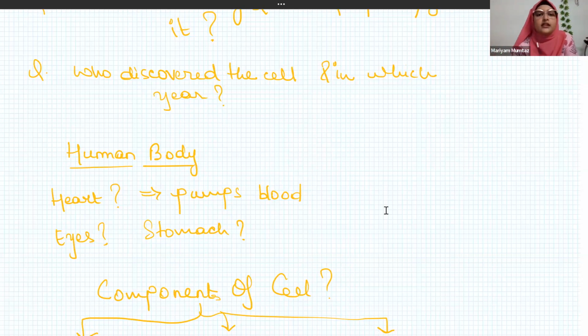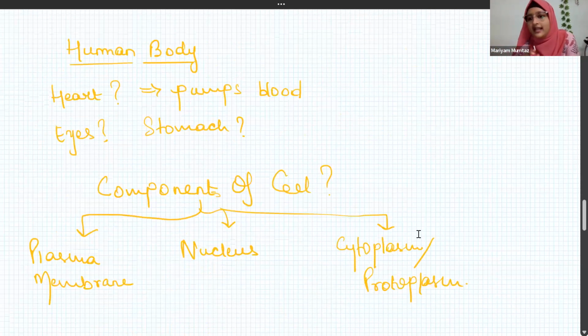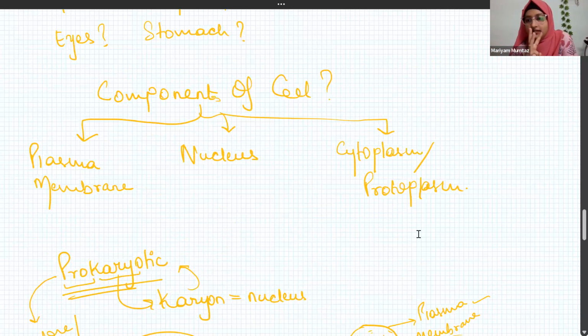Now, I'll say three statements. You'll have to tell me whether I'm saying it right or wrong. The first statement: the cells that are present are not made up of pre-existing cells. It's false.